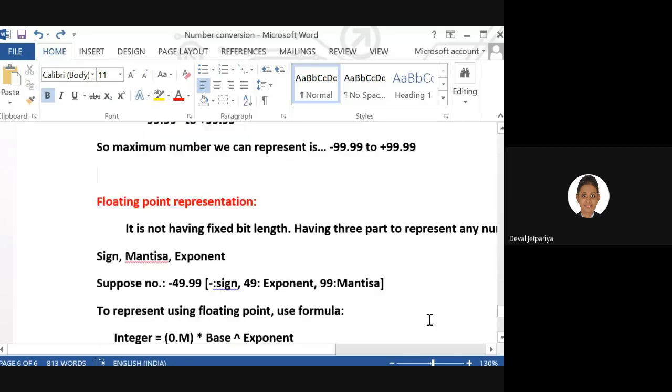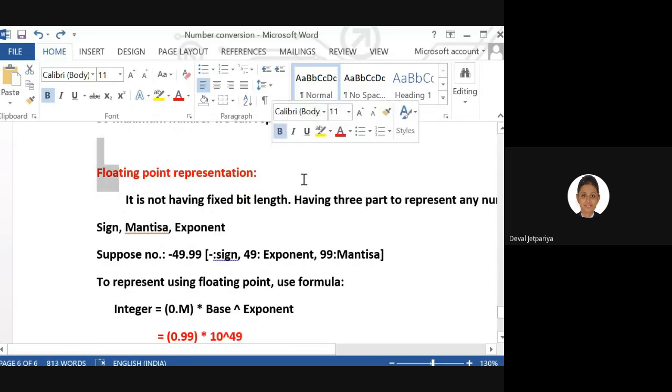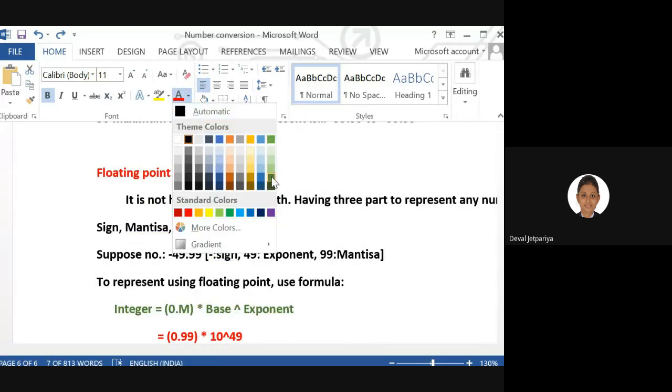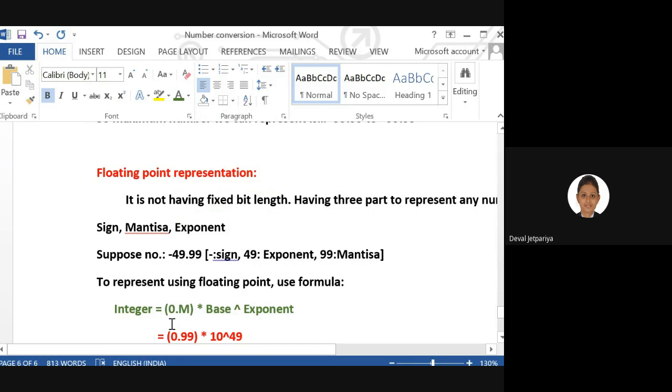Now same way if we want to use floating point, in floating point you need to remember this formula. Number is equal to 0.m, where m is nothing but the mantissa, into whatever is the base value with power exponent. So suppose you have this value, right?